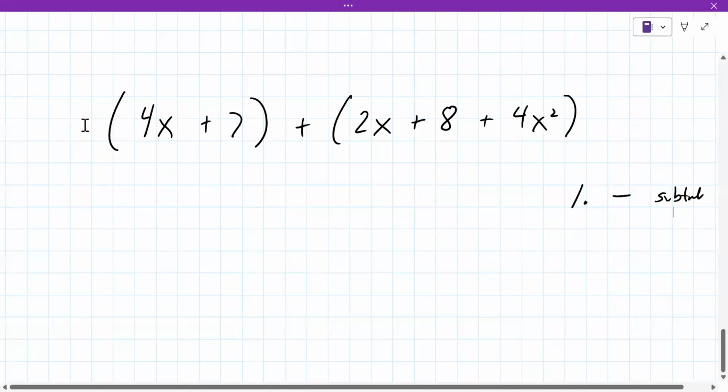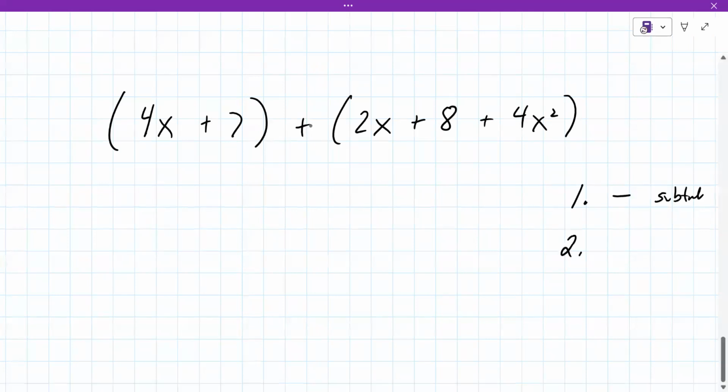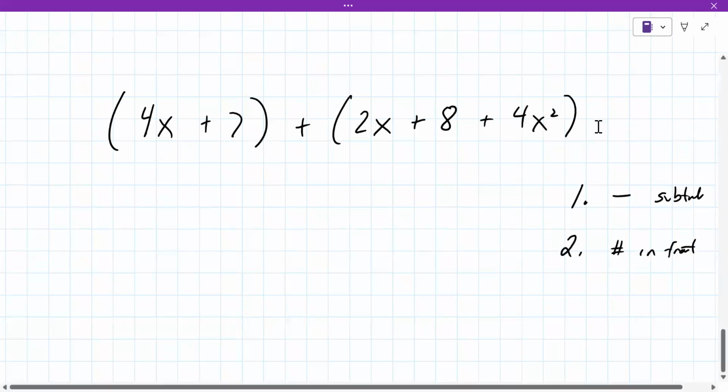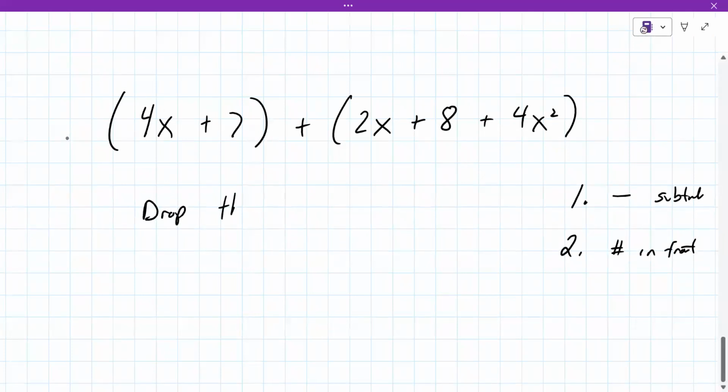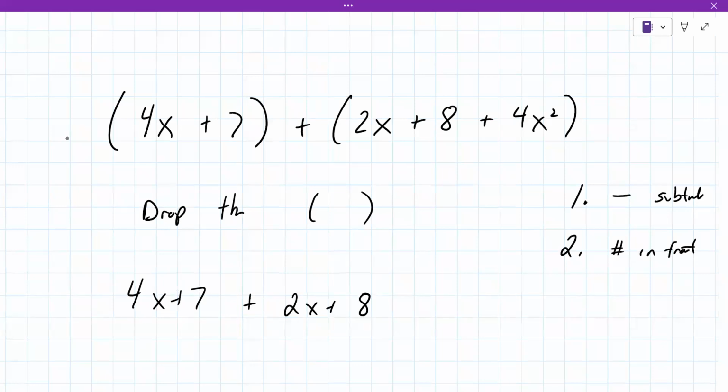There's nothing written, but you can assume it's a plus if nothing's written. The other is if there's a number in front, which you also don't have. So these parentheses are unnecessary. Basically, you can drop the parentheses. So it becomes 4x plus 7 plus 2x plus 8 plus 4x squared.